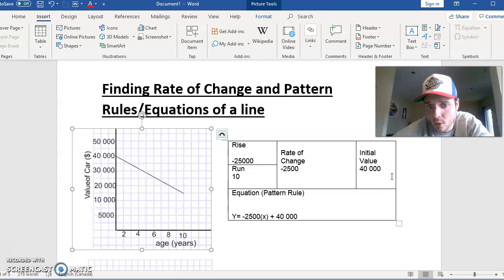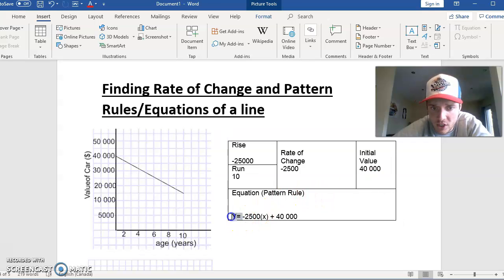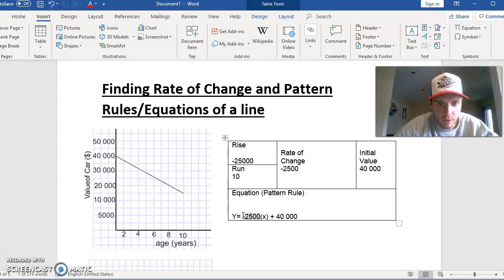If we have to make that into an equation then, y equals, we always start with y equals. Say we go back to our formula, mx plus b. m is our multiplier, which is negative 2,500, same as the rate of change, right? Multiplier, rate of change, same thing. And then b is our constant, our starting point, 40,000.